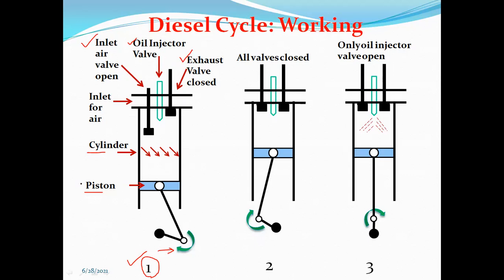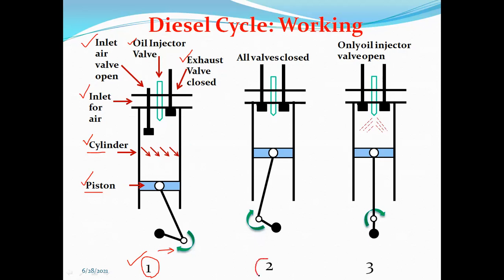So we have the piston, cylinder, inlet valve for air, oil injector valve, and the last one is the exhaust valve. The inlet for air and inlet valve are open in the first stage, whereas the exhaust valve is closed. Just note down and remember the things which are there in the first stage.